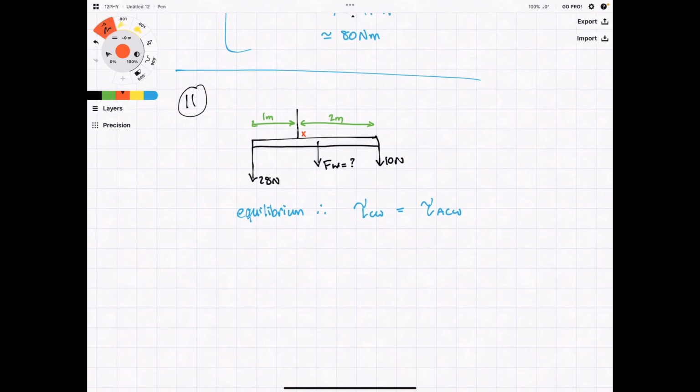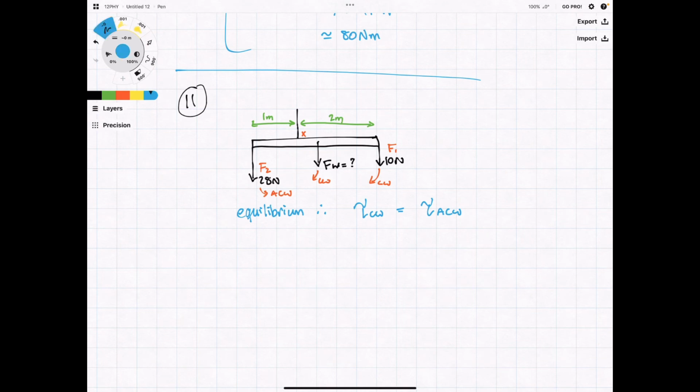In the clockwise direction, we have our weight force, clockwise, and we have our 10 newton one, okay? We'll call this F1, and this one could be F2, just like to label them. And this one's the only one going anti-clockwise, okay? So let's expand out this equation.